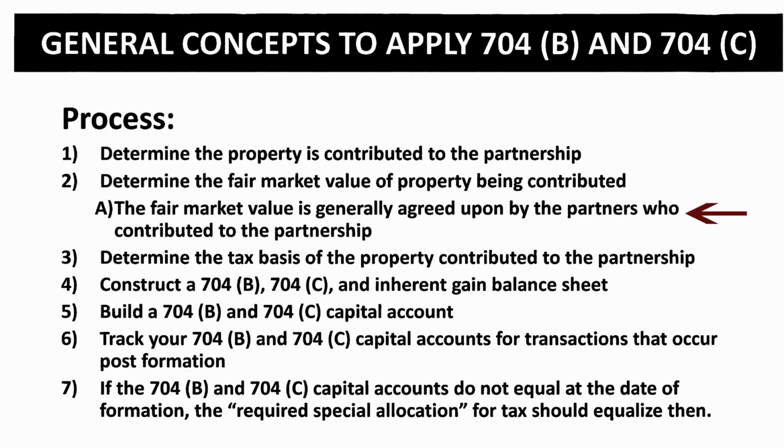The fair market value is generally agreed upon by the partners who contributed to the partnership. 3, determine the tax basis of the property contributed to the partnership. 4, construct a 704B, C, and inherent gain balance sheet. 5, build a 704B and 704C capital account. 6, track your 704B and C capital accounts for transactions that occur post-formation. 7, if the 704B and C capital accounts do not equal at the date of formation, the required special allocation for tax should equalize them.